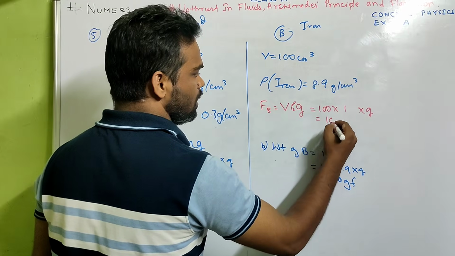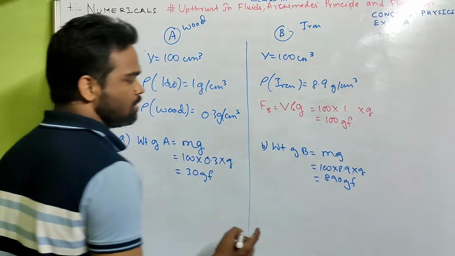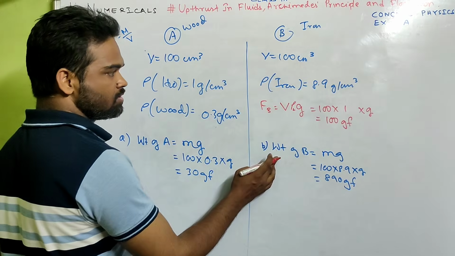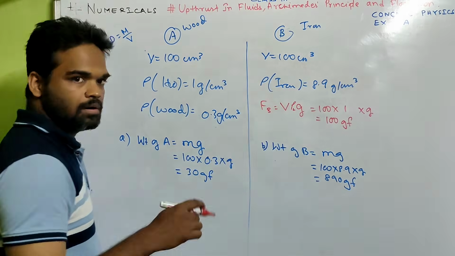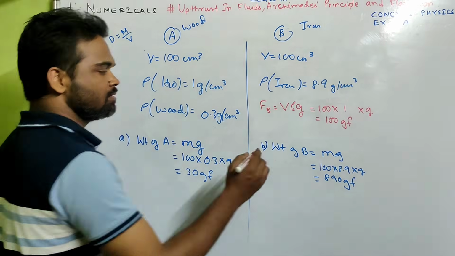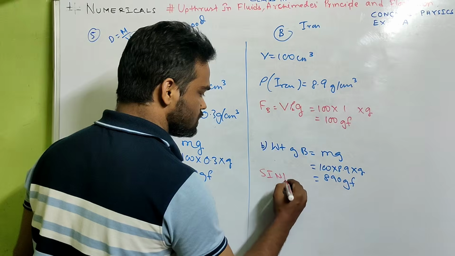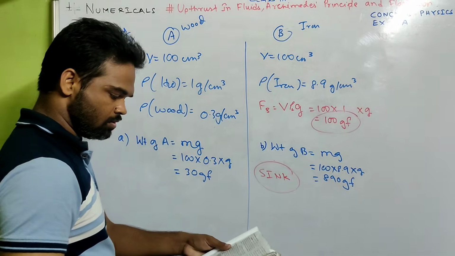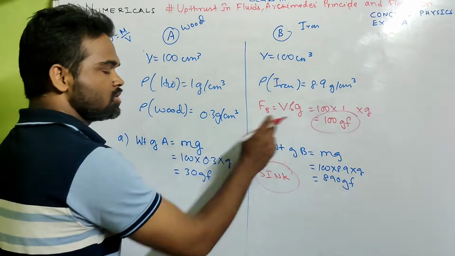So that's 100 gram force. Which means the weight of the body is more than the upthrust, which means the body will sink. It will sink, isn't it? And the upthrust will be 100 gram force on B.